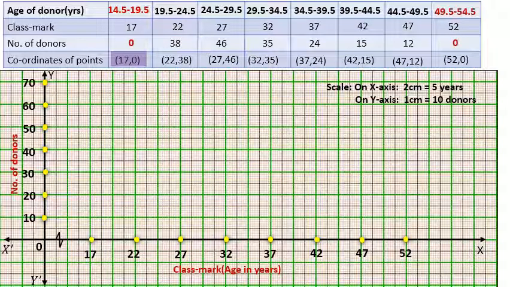Now we plot the points on the graph. The first point 17, 0 will lie on the X axis because the Y coordinate is 0. In a similar manner, we plot the remaining points.